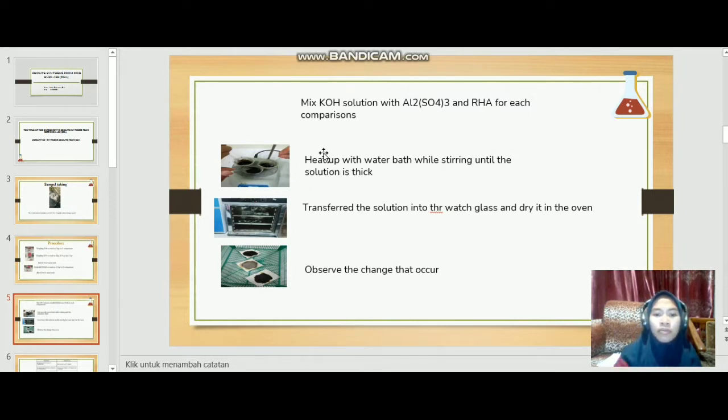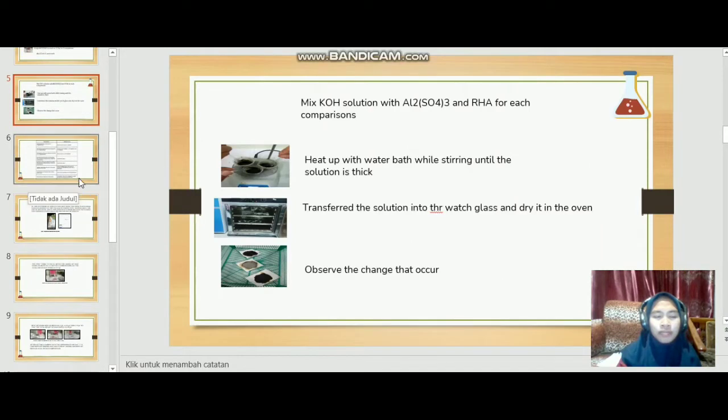Next, heat it up with a water bath. Stir until the solution is thick. Next, transfer the solution into the watch glass and dry it in the oven. Next, observe the change that occurred.